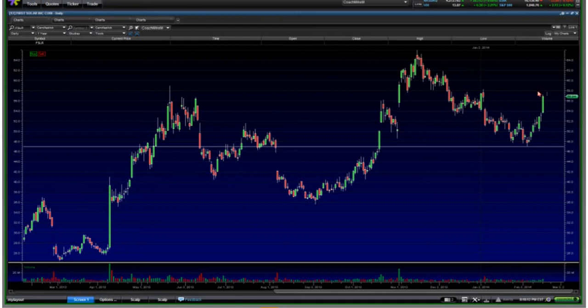I would probably modify it slightly and say if it falls below the last high close, or if it closes below that, I'm going to stop out of half my position. But really, this stock is in no danger whatsoever unless it falls below here.